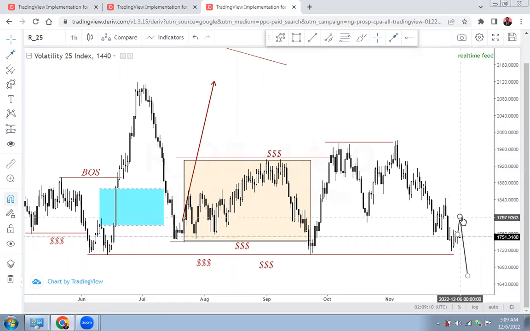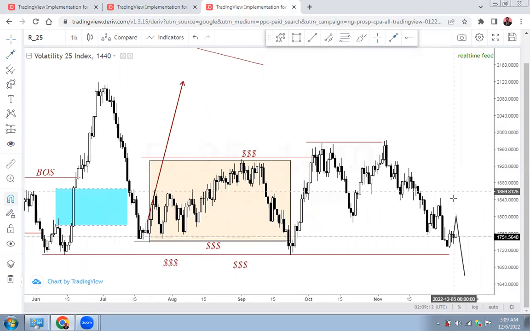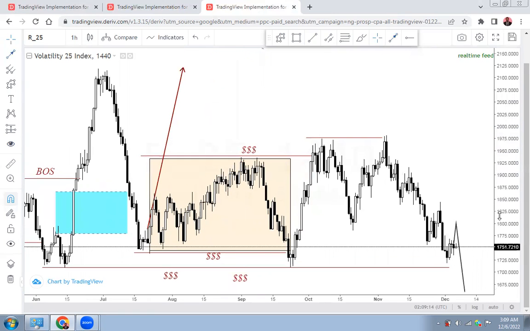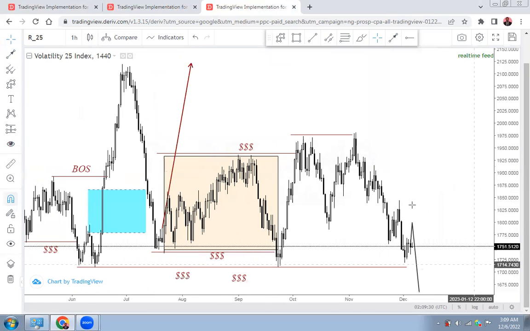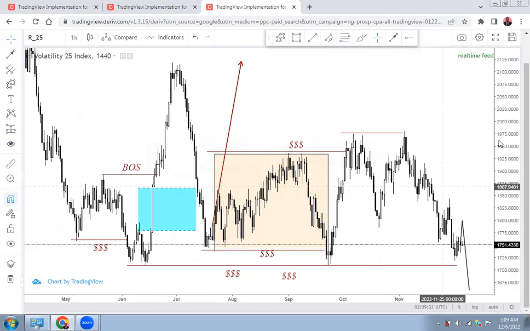If we open this, you can see structure here: a high, a low, a higher low, a lower low, a higher low, a lower low, a higher low, a lower low. So price might just come from a higher low at this place and we go for a lower low. This is liquidity.